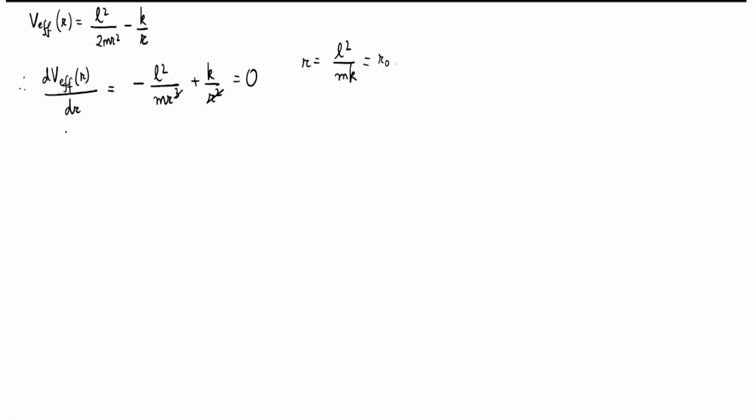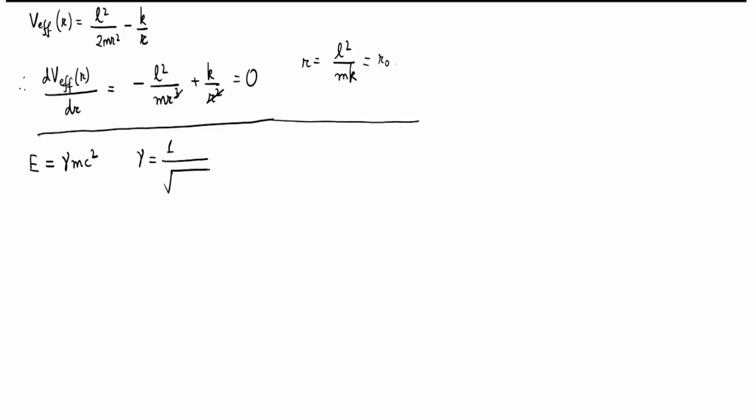In relativity, there are only a few things you should remember, besides length contraction, time dilation and other things: the relativistic energy E equals gamma mc square, where m is the rest mass and gamma is the relativistic correction factor, 1 over root of 1 minus v square by c square. E equals gamma mc square.